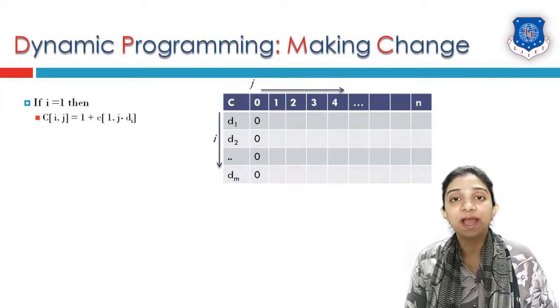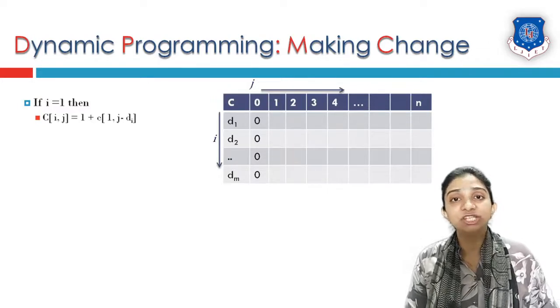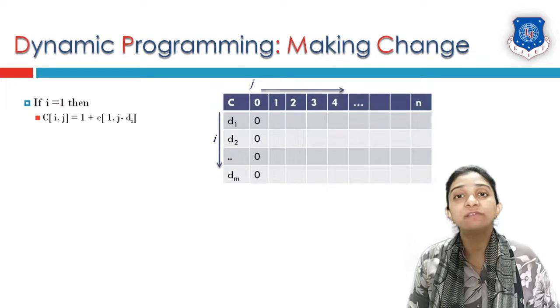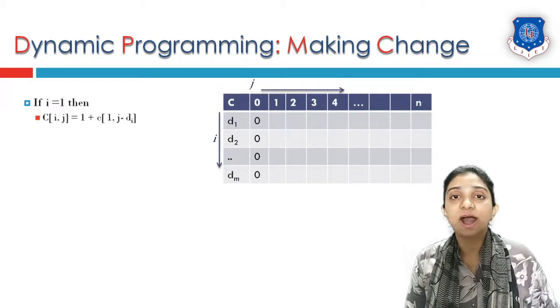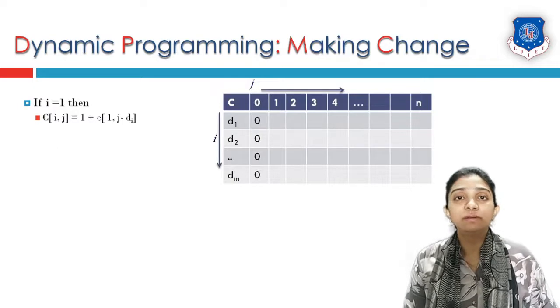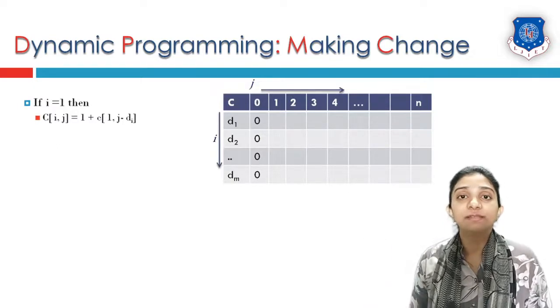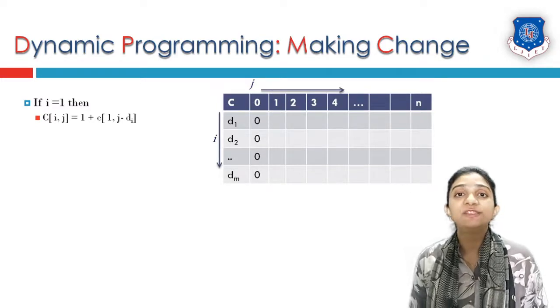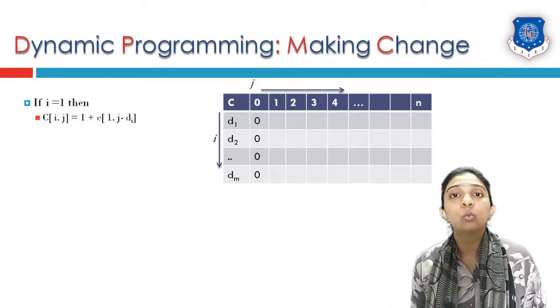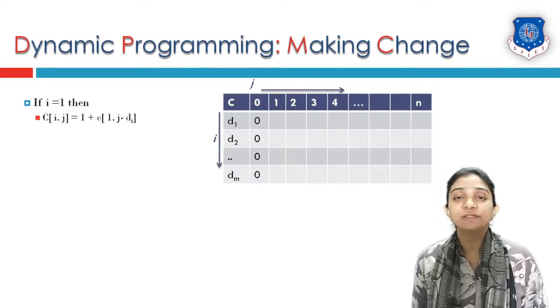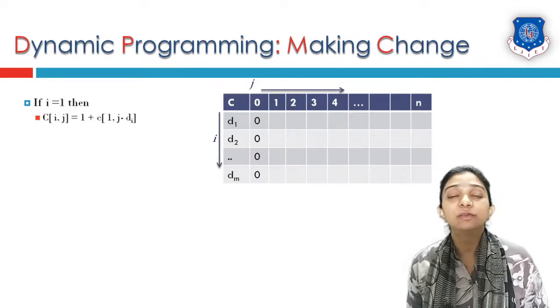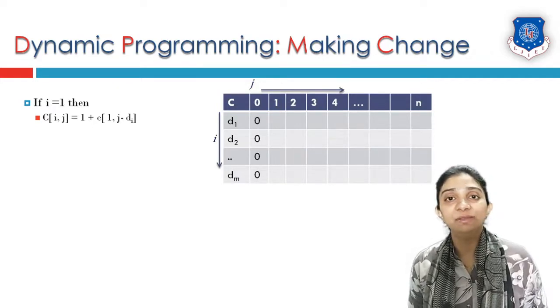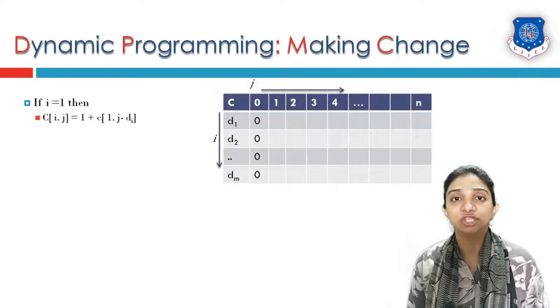Any cell with row number i and column number j will be termed C of i, j. For the first row, that is when i is equal to 1, C of i, j is equal to 1 plus C of 1, comma j minus di. So the cell we use is in row 1 only, but the column will be the current column minus the denomination coin value, that is j minus di.